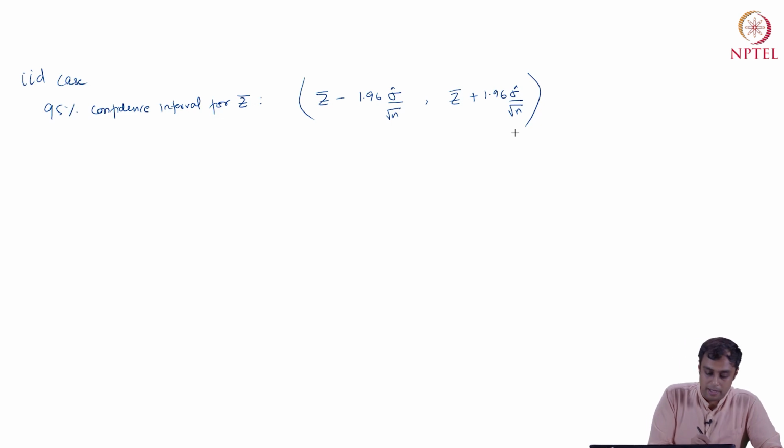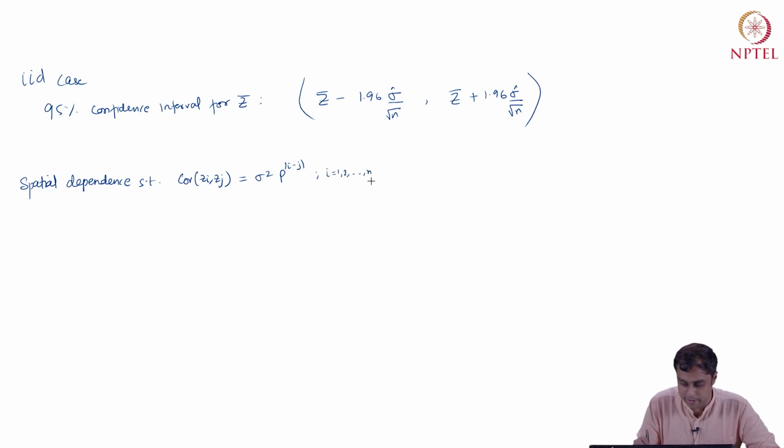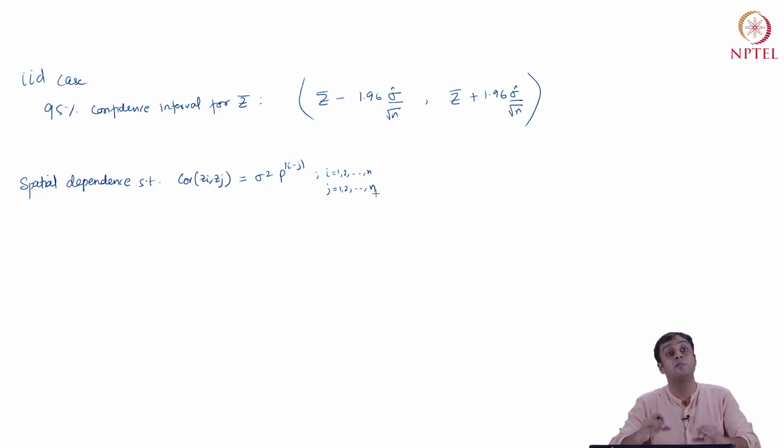In the case when you have spatial dependence such that covariance of Z i, Z j is equal to sigma squared rho to the power of absolute i minus j, for i from 1 to n, j from 1 to n. I'm writing it again and again because I'm talking about this specific example. This is not the most general answer. This is for this example so that we understand the consequence one step at a time.